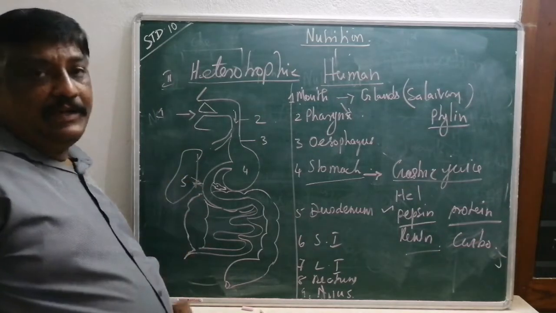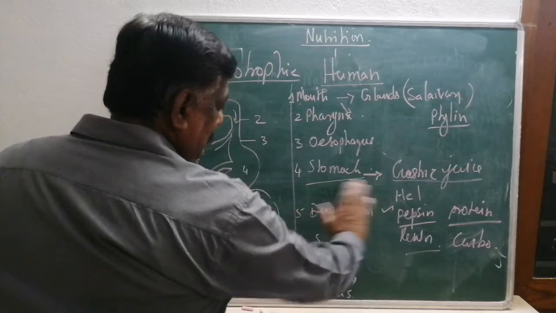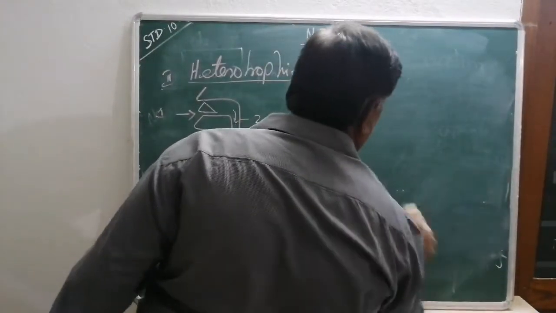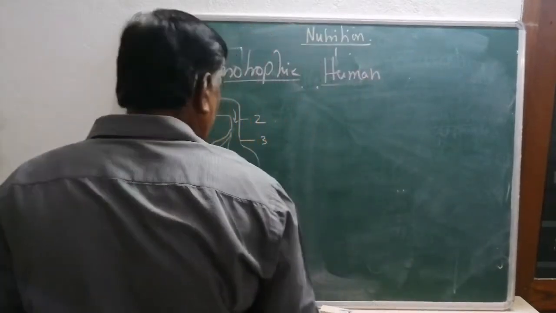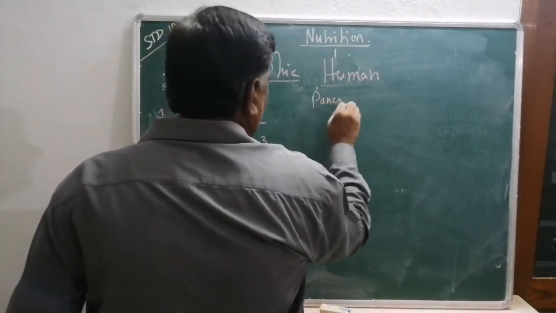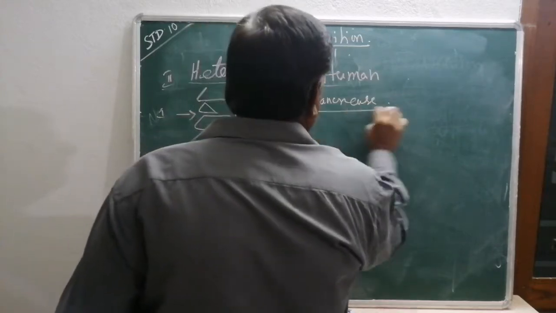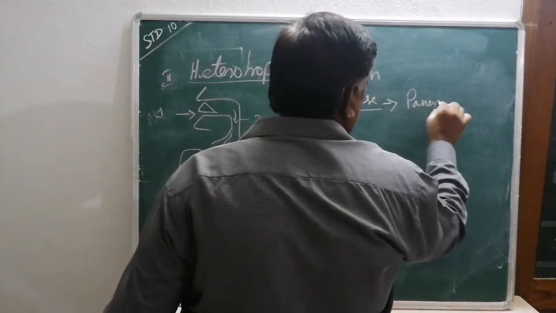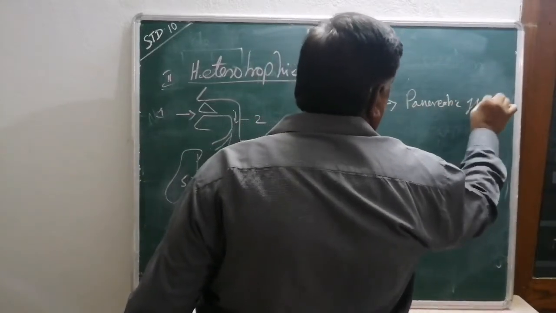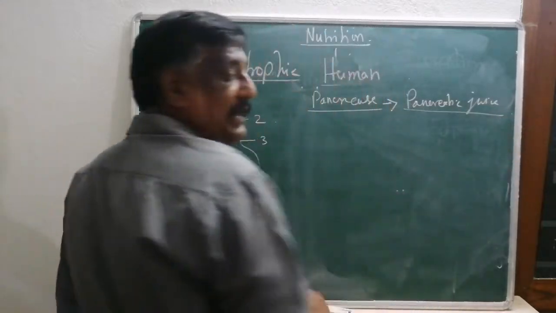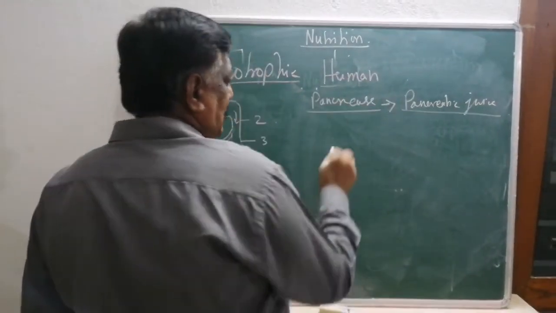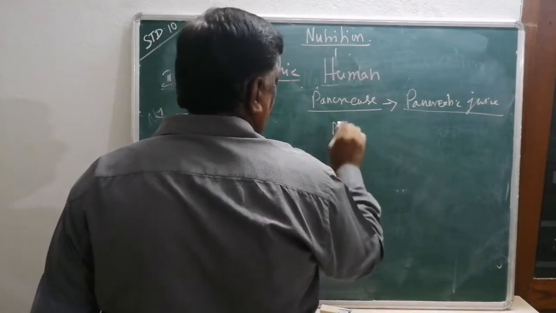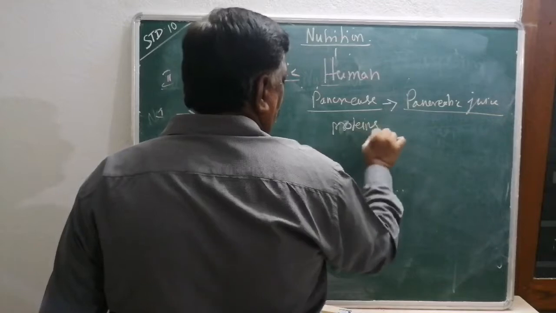The pancreas secretes pancreatic juice, which contains enzymes to start digesting proteins and fats.